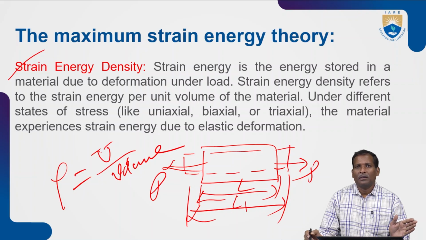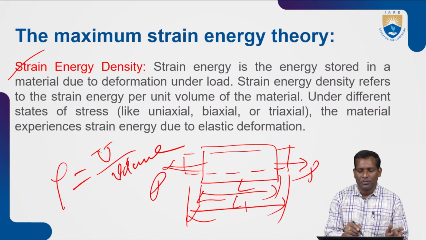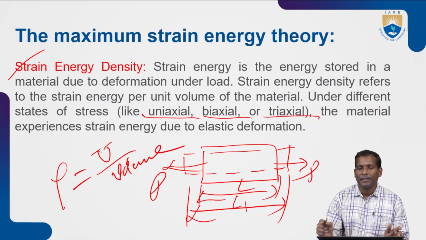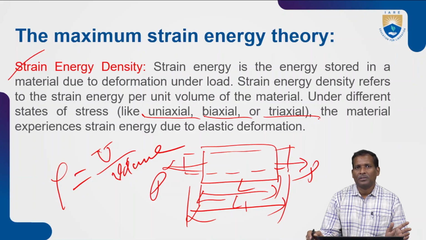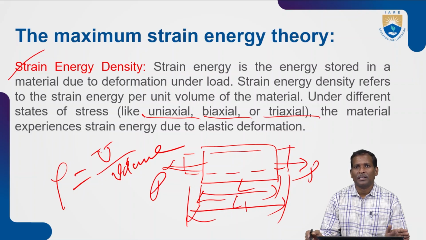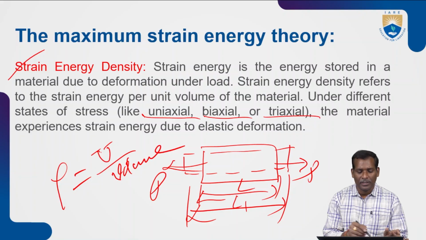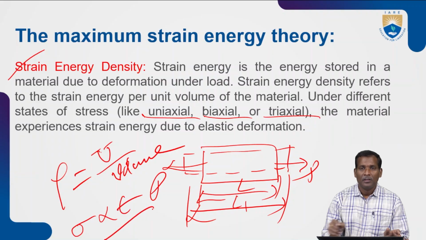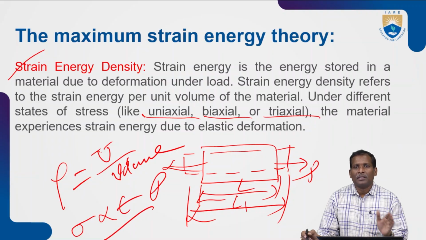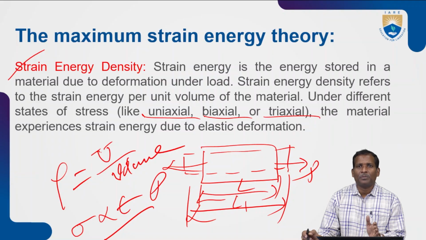Under different states of stress, meaning uniaxial, biaxial and triaxial, the material experiences strain energy due to elastic deformation. Up to the elastic limit, the stress is directly proportional to strain. Beyond this elastic limit, it undergoes permanent plastic deformation.